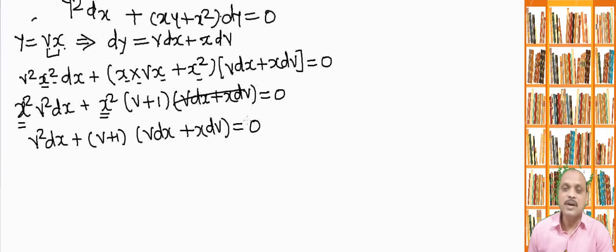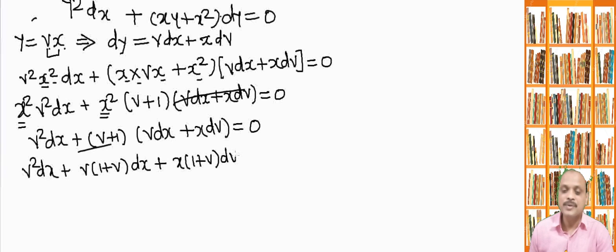So how have we obtained this? By taking x square common in the previous term. Okay, now let us multiply this. We multiply first v square into dx plus v into 1 plus v into dx plus x into 1 plus v into dv equal to 0.